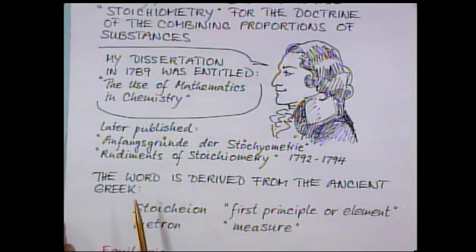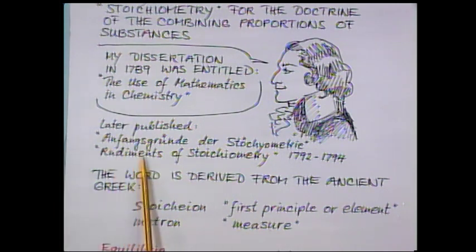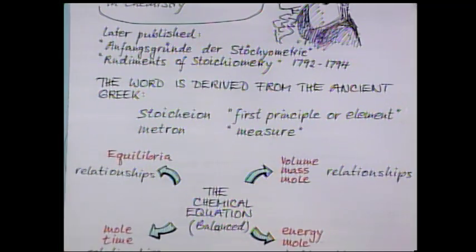He later published these findings in very important articles in the years 1792 to 1794, Anfangsgründe der Stöchiometrie, or translated into English later on, Rudiments of Stoichiometry. So the word, as I already mentioned, is derived from the ancient Greek language. Stoichion means the first principle or element, and metron, as you well know, means to measure, or the measure.